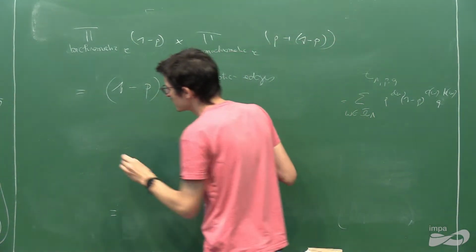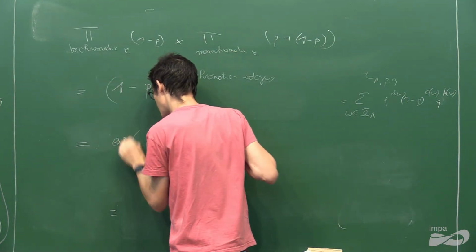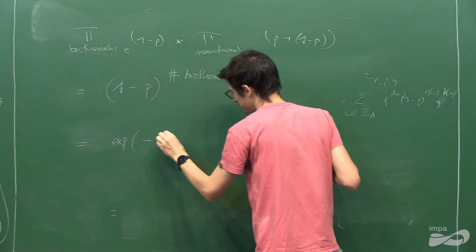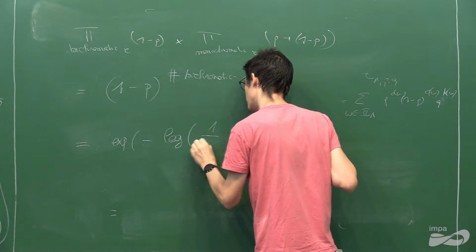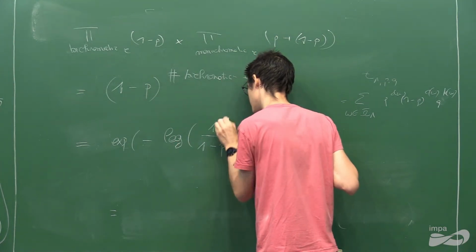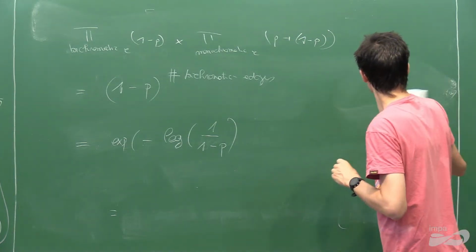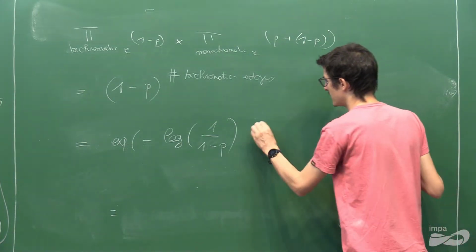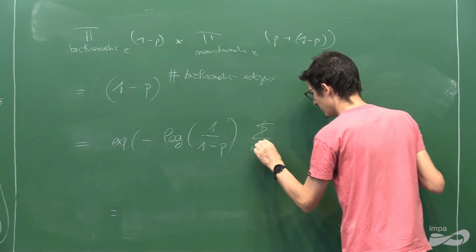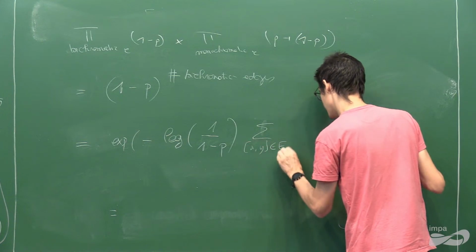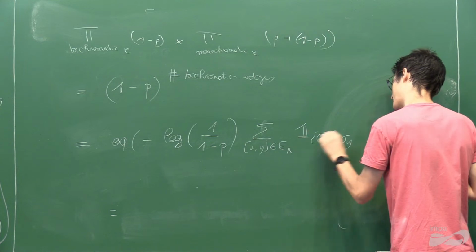Which is something you can rewrite as exponential of minus log 1 over 1 minus p, times the sum over x, y in E lambda of the indicator that sigma x is different from sigma y.